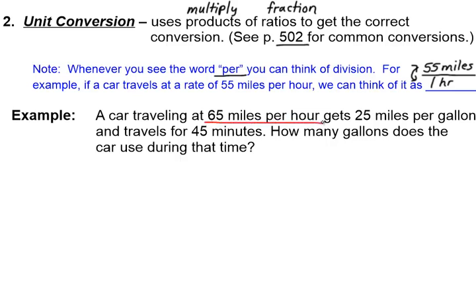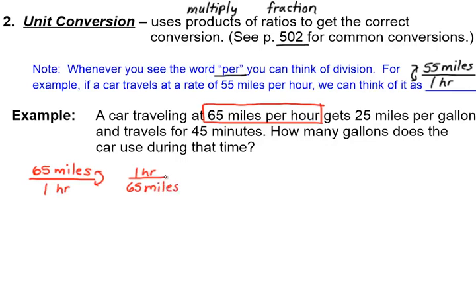I have 65 miles per hour. So I'm going to write my ratio of 65 miles, don't forget your units, per 1 hour. Now remember, you could flip that around if you wanted to and write it as, in 1 hour, I'm going to go 65 miles.